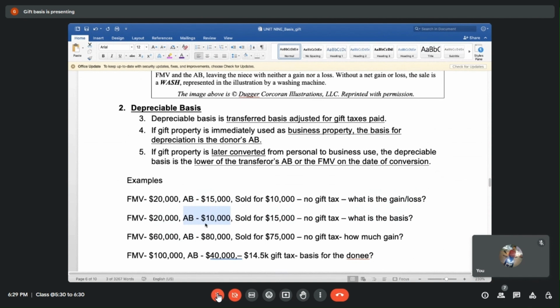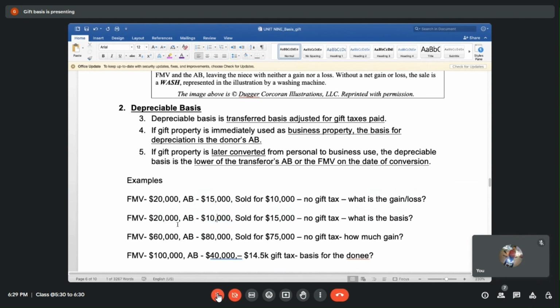Here the basis of the donor becomes the basis for the donee, so her cost becomes $10,000. She's selling it for 15,000, so there'll be a 5,000 gain. This is how we are being conservative here.